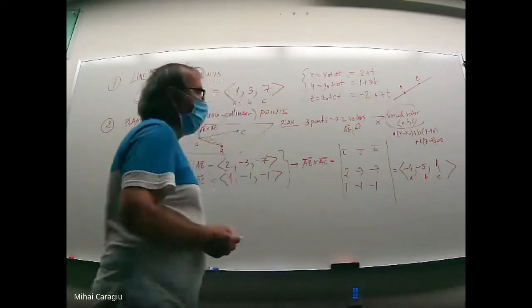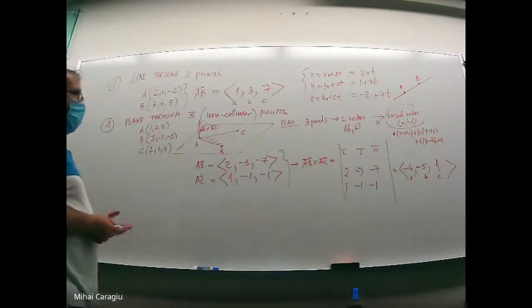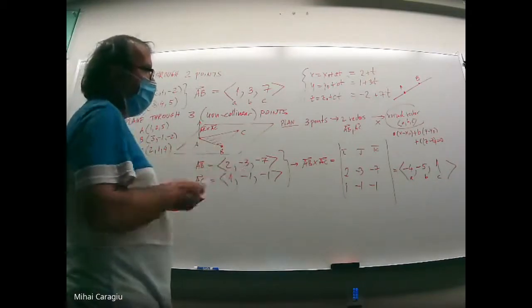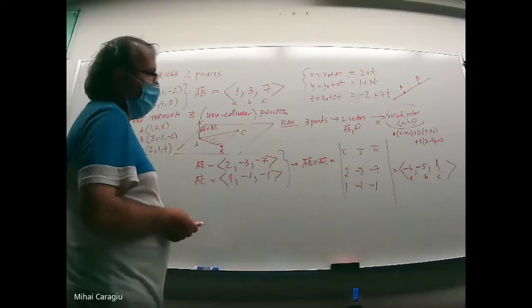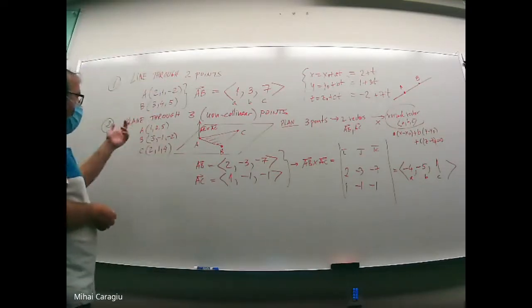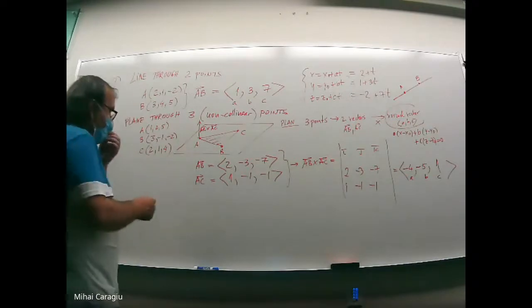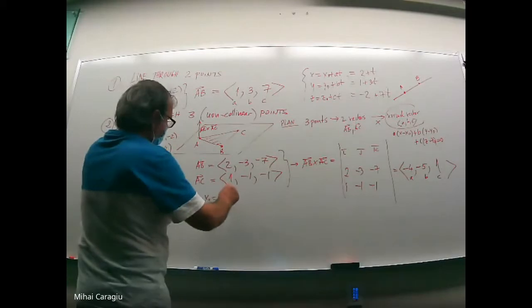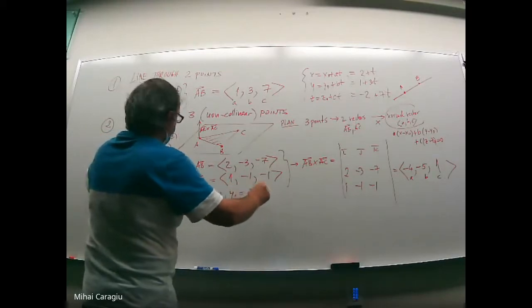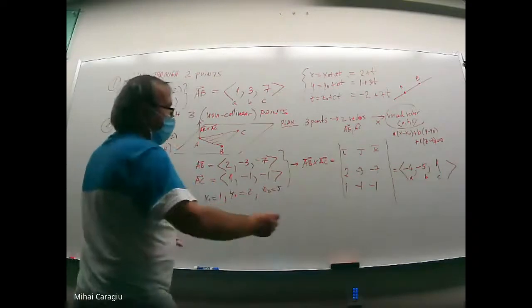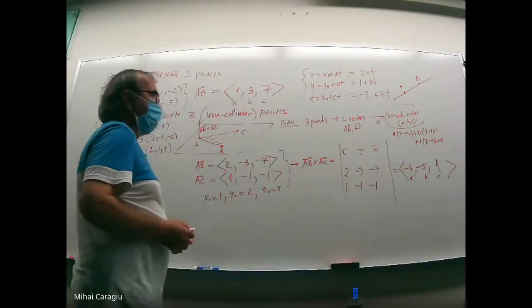The components of a normal vector. Now, the equation of the plane will be a times (x minus x0) plus b times (y minus y0) plus c times (z minus z0) equals 0. For x0, y0, z0, you can pick any of those points. Let's pick A. So x0 equals 1, y0 equals 2, and z0 equals 5. And a is -4, b is -5, c equals 1.